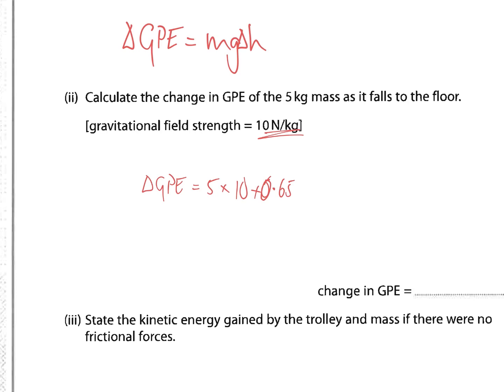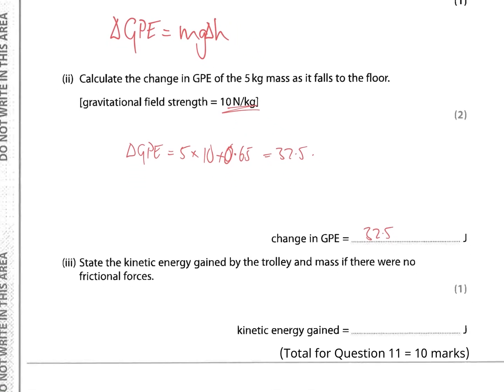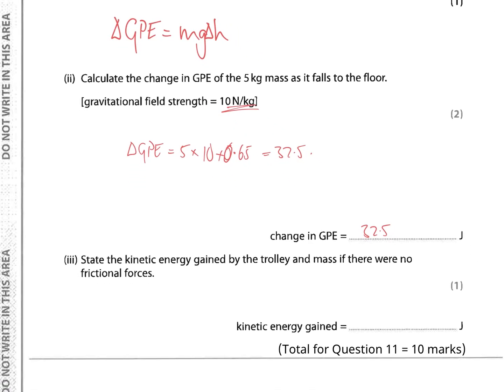I think it's, I'll double check, 32.5 I believe. Yeah, 32.5 joules. But again, everything seems to be given in about 2 significant figures, so possibly, I wouldn't blame you if you wrote down 33 joules there.